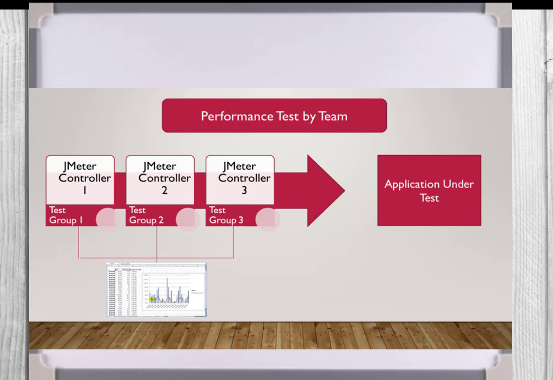A team can execute JMeter at the same time to generate a different set of traffic or run a different group of application functions to emulate many users interacting with the application under test. The results can be collected into Excel's charts and graphs for analysis and reporting.